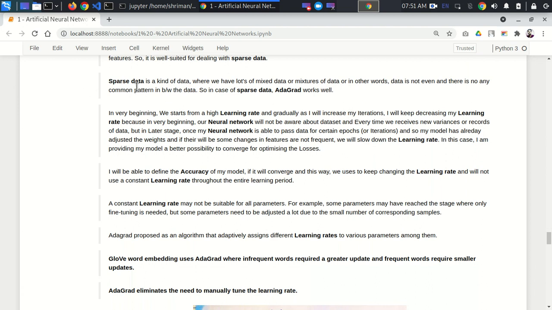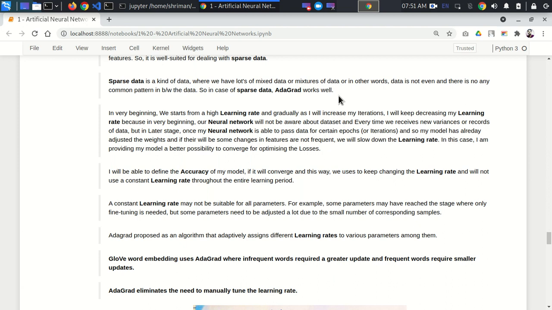Sparse data is a kind of data where we have lots of mixed data or mixtures of data, or in other words, data is not even and there is no common pattern in the data. So in case of sparse data, AdaGrad works well. So see, again, if I talk about maybe textual data, there will be some kind of patterns. In some cases there will be a similar kind of pattern available, but in some cases data will be too much mixed.